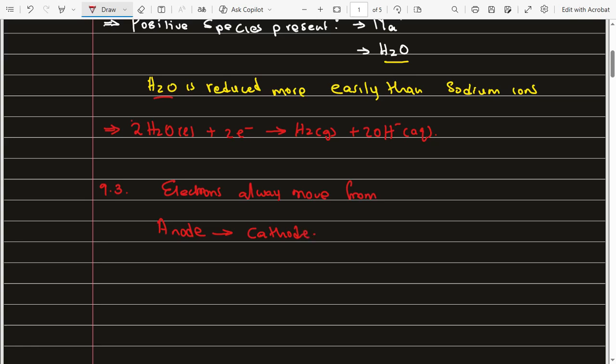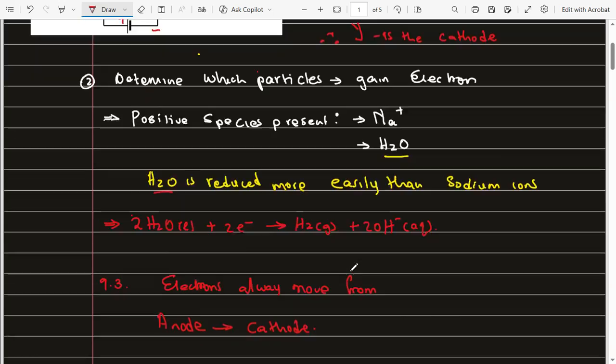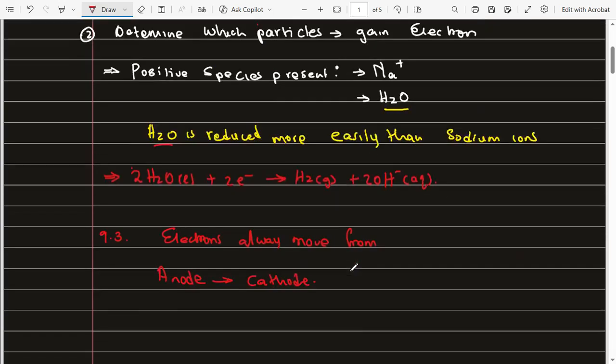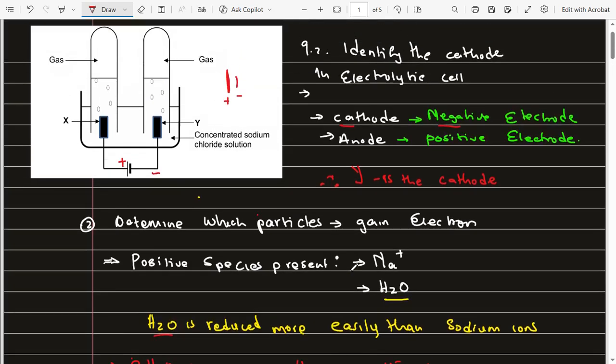Right, so you identify the electrons, and then we need to know which one is the anode and which one is the cathode. When I look at this, I need to understand which one is the anode between X and Y, and which one is the cathode.